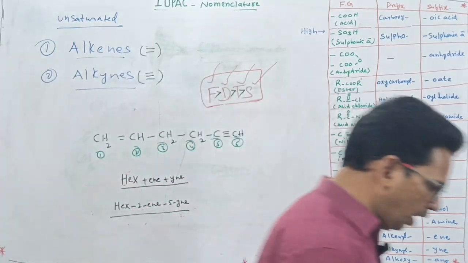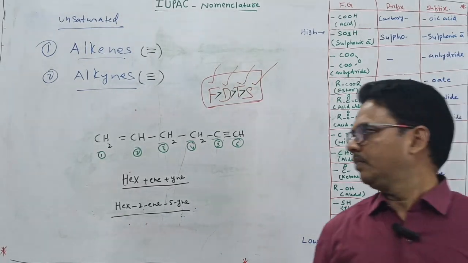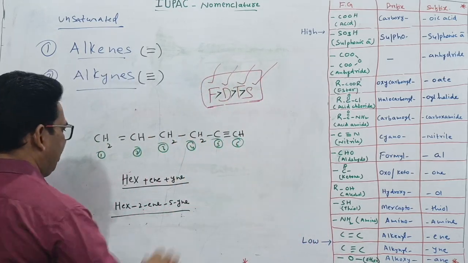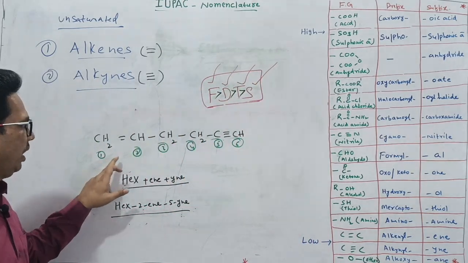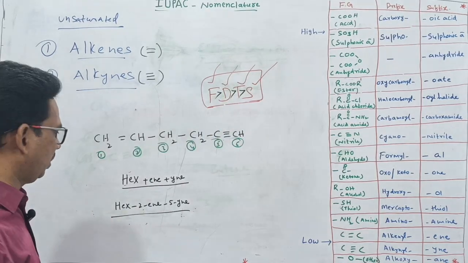This type of compounds also will form. When it has the double bond as well as the triple bond, first preference goes to the double bond, then next preference goes to the triple bond. You have to remember that FDTS rule, don't forget that.